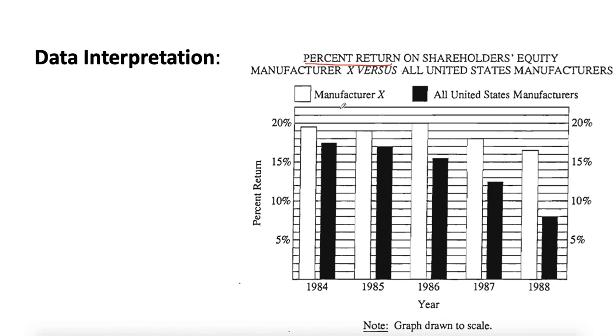That's why at the start be very clear about what is provided, here percent return on shareholder equity. The first one is for manufacturer X, and the second one is all United States manufacturers, and these are years and these are percent return, and that's all we need to know before moving further.